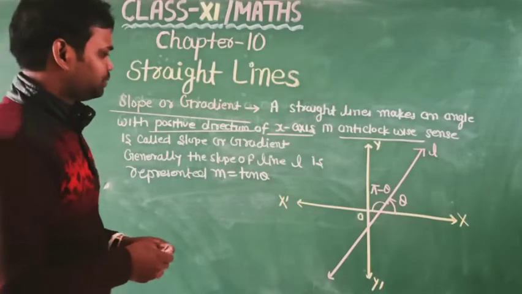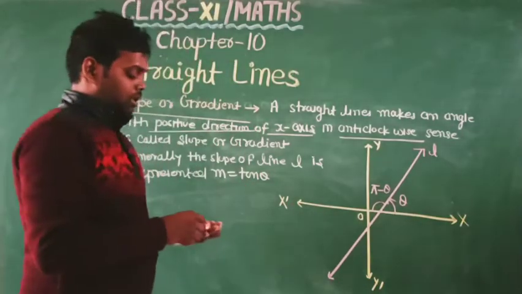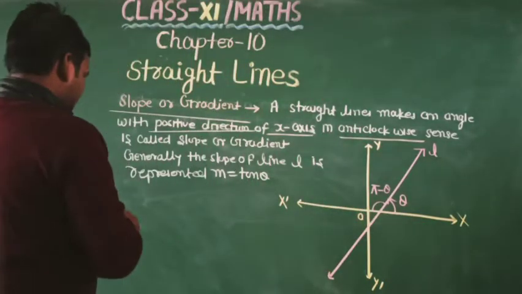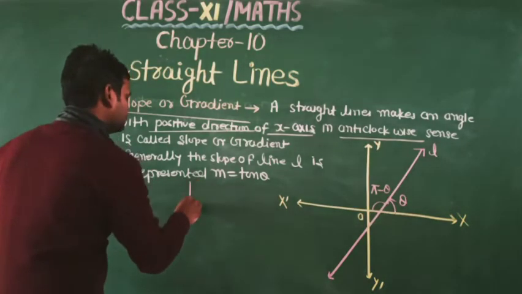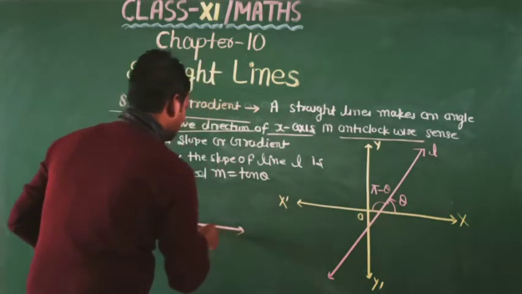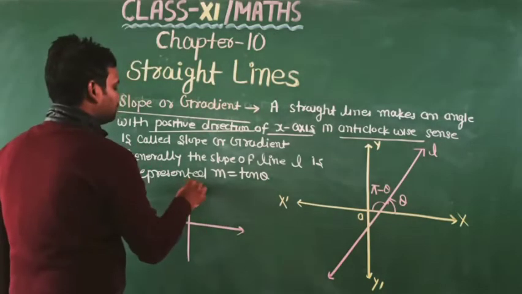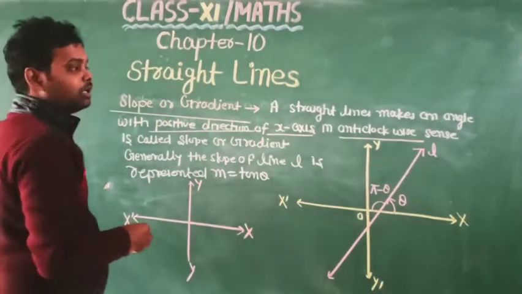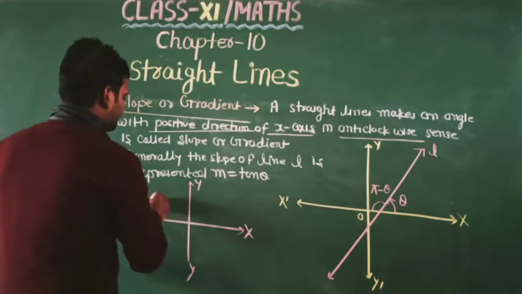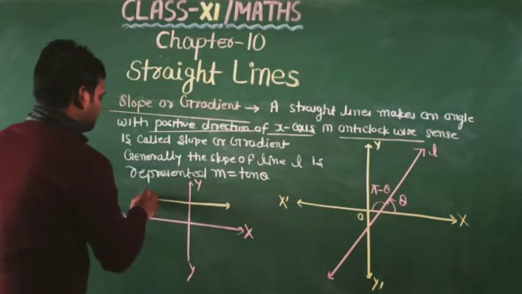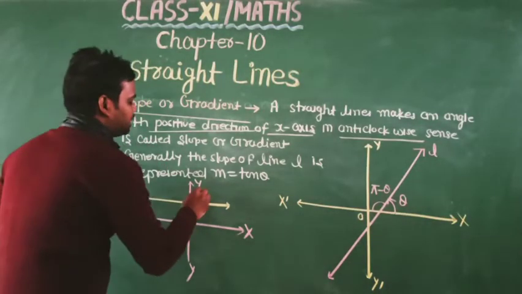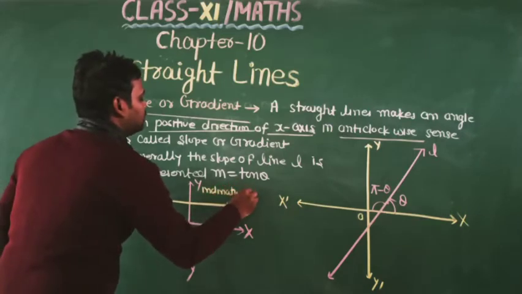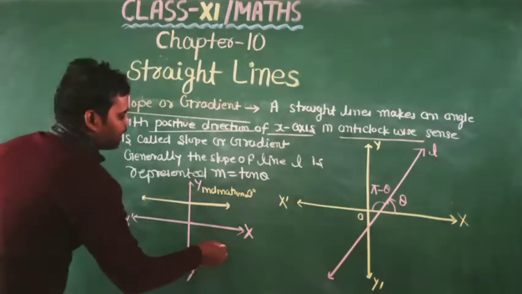Next, if this line L is parallel to x-axis, this means the inclination between x-axis and line is 0 degree, or maybe 180 degree.